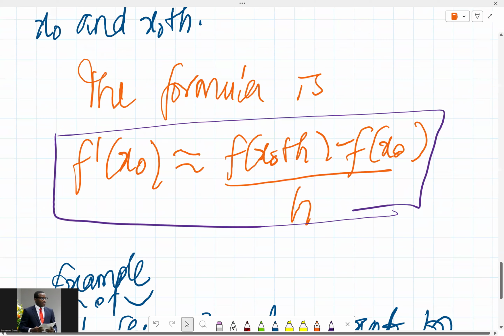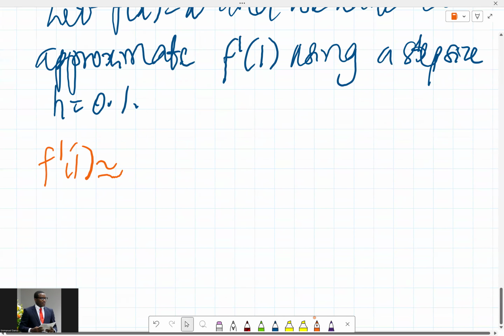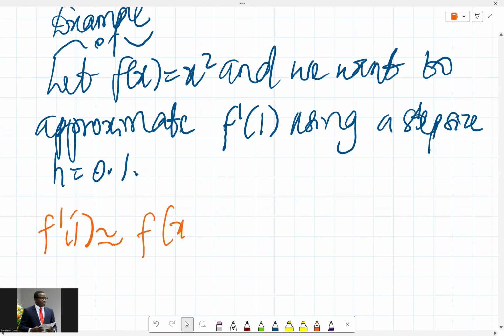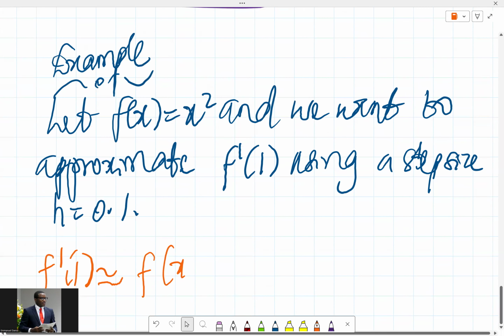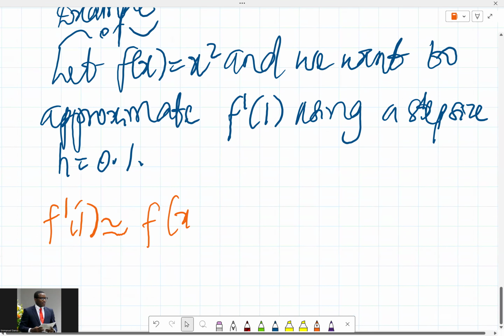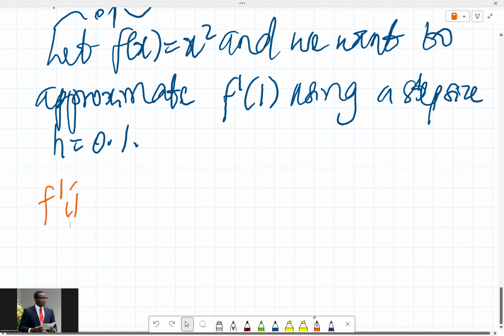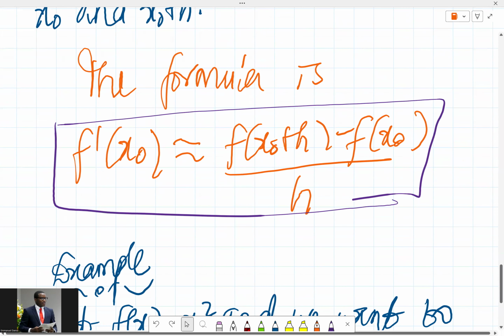From the principle, we have f prime of x naught approximately equal to f of x naught plus h minus f of x naught, divided by h.